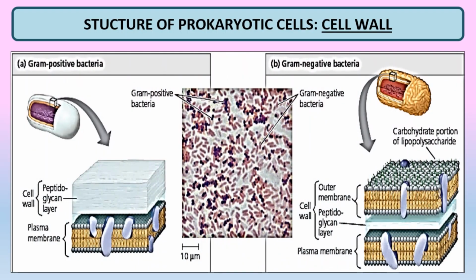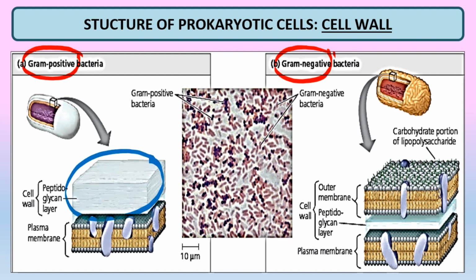The cell wall of prokaryotes characterizes different types of bacteria, which are gram-positive and gram-negative. The layer of peptidoglycan in gram-positive is thicker compared to gram-negative, which is less thick.